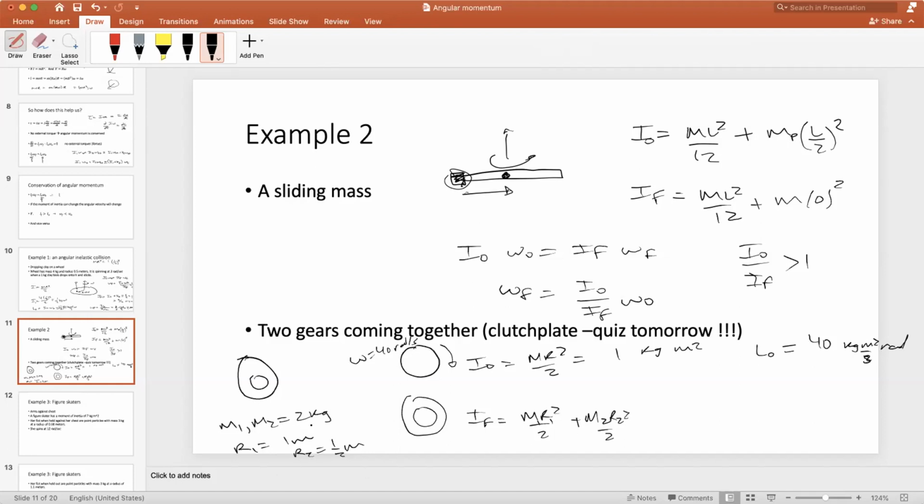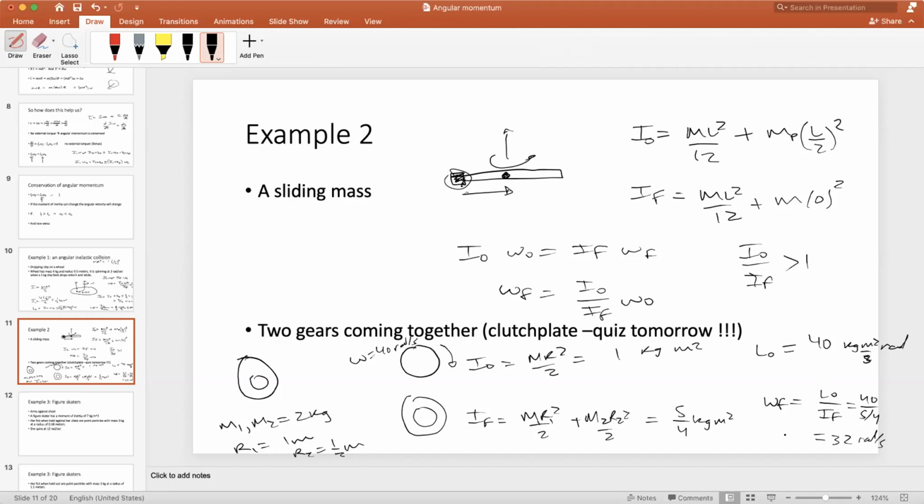This one is 2 over 2, which is 1, times a half squared, which is a fourth. So I get 1 plus a fourth, or 5/4 kilograms meter squared. Now if I want omega final when they come together, I get L initial over I final, which is 40 over 5/4, or 32 rad per second.